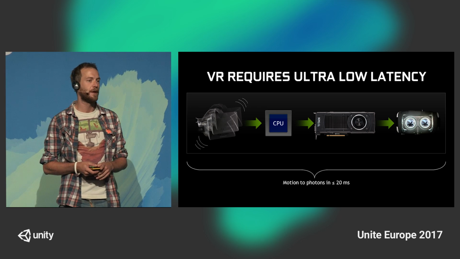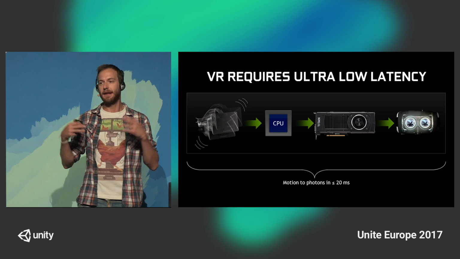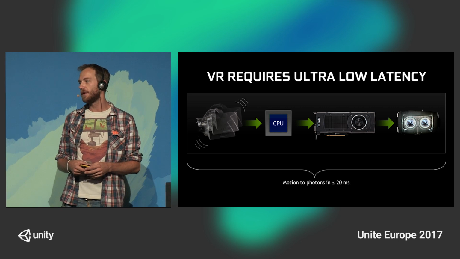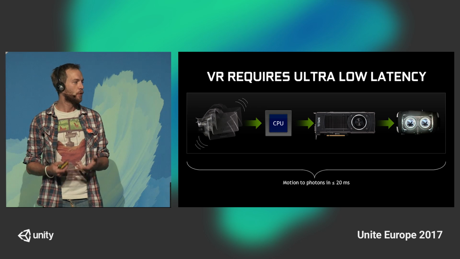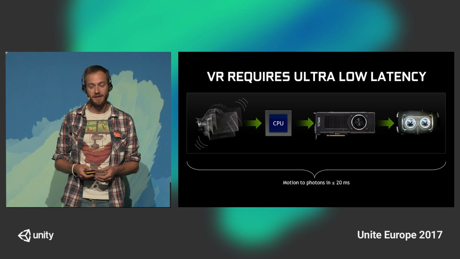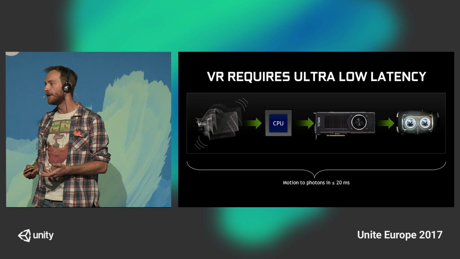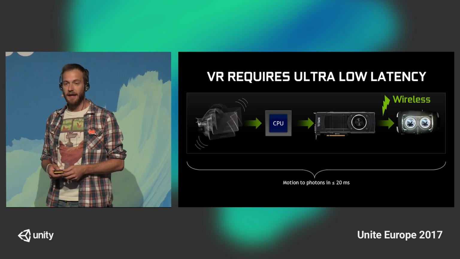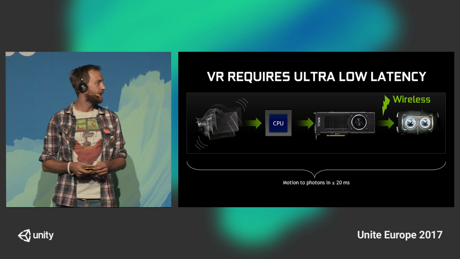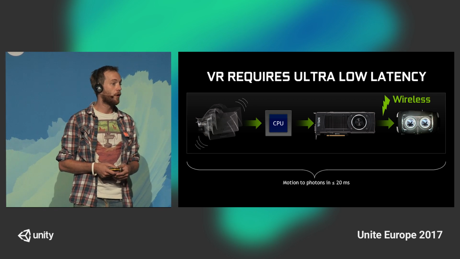A couple of studies have shown that as long as the perceived latency stays under 20 milliseconds, you get a good experience and are mostly free from the motion sickness or nausea that you get from higher latency in virtual reality.